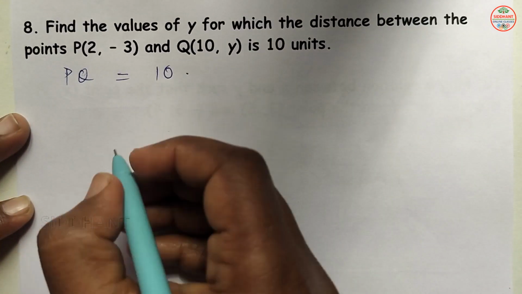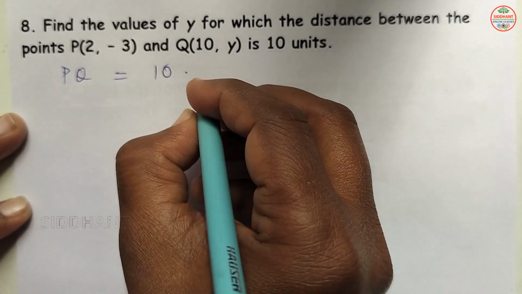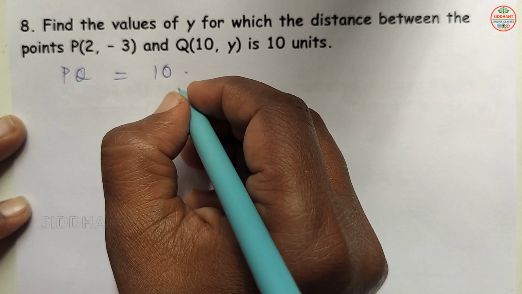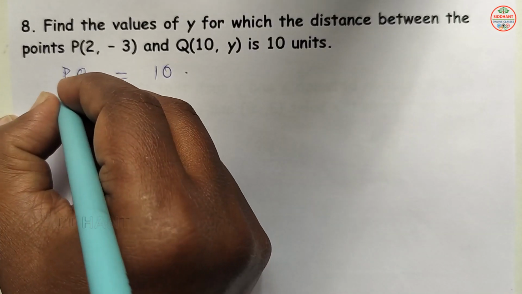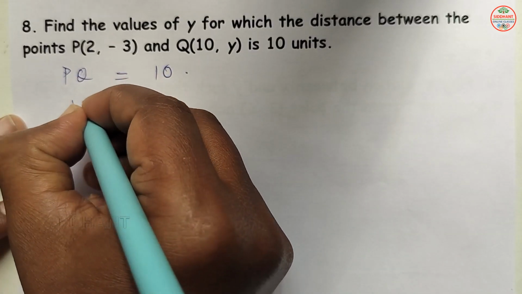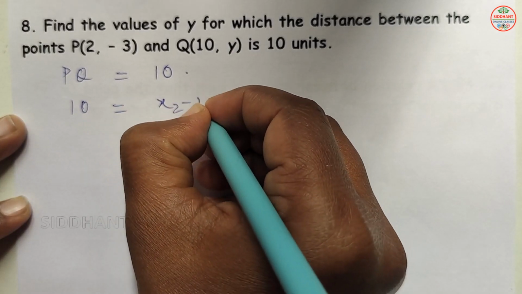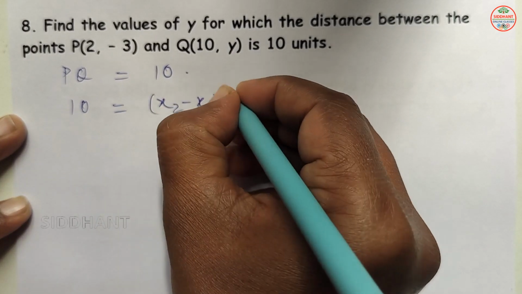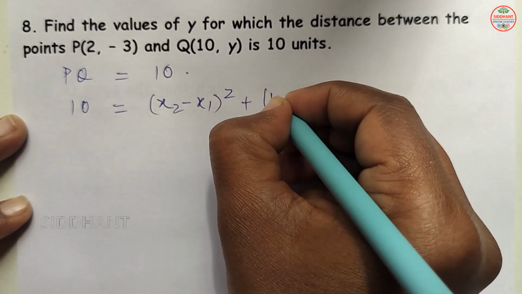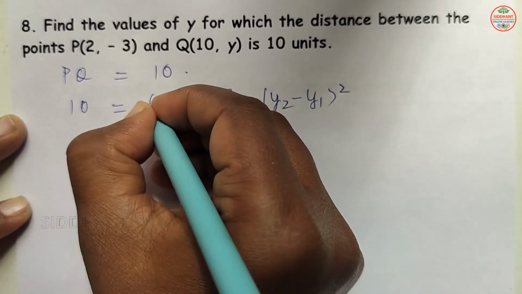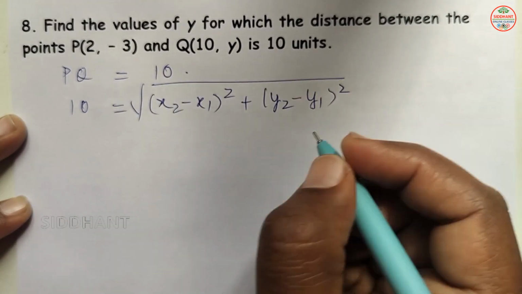PQ we are going to find out with the distance formula, the square root of (x2 minus x1) whole square plus (y2 minus y1) whole square.